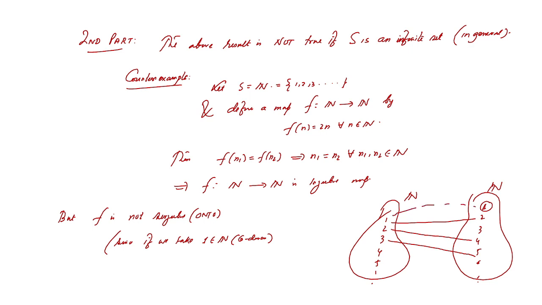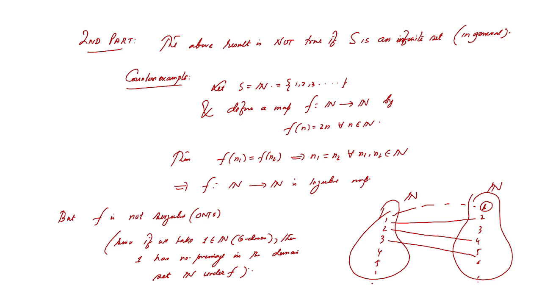So this element has no preimage. Then 1 has no preimage in the domain set N under the map F. So it is not surjective.